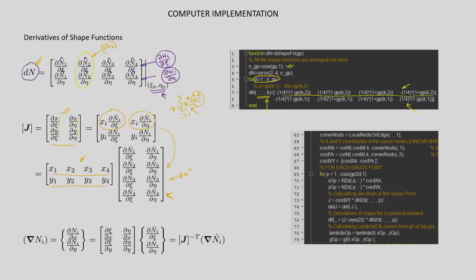If you multiply this, we see x1 del n1 del xi plus x2 del n2 del xi plus x3 into del n3 del xi, plus x4 into del n4 del xi. So, that gives us xi del ni del xi. Similarly, the first row second column gives us the second entry of the Jacobian. Then the second row first column gives us this entry in the Jacobian, and so on.